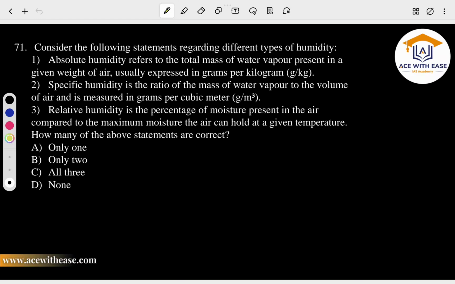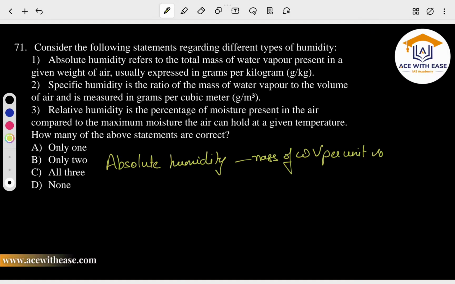We all know that absolute humidity is the mass of water vapor per unit volume of air, and it is not per unit weight. So here you can see the wrong statement.